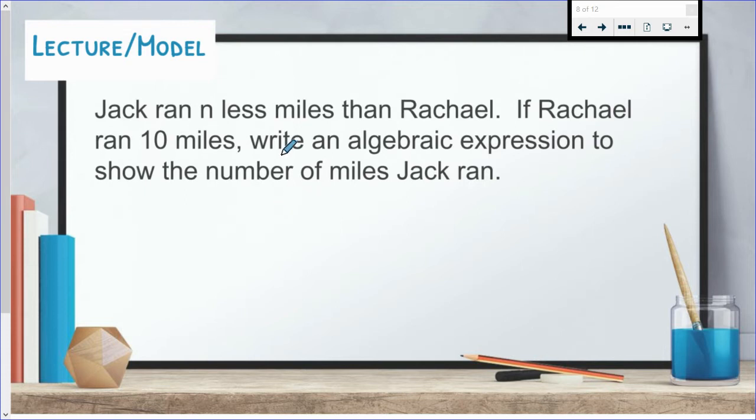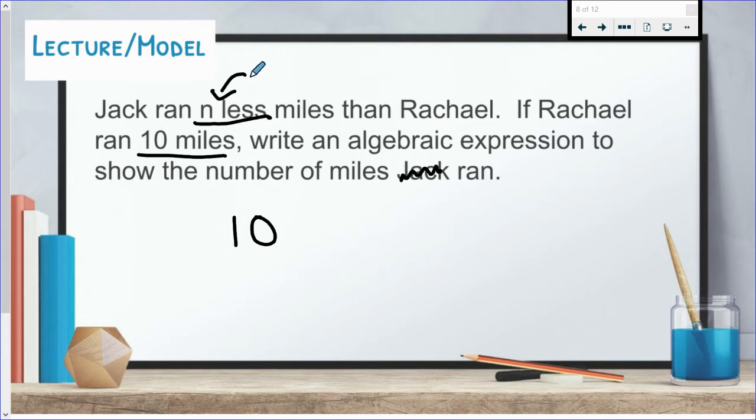Jan ran N less miles than Rachel. If Rachel ran 10 miles, write an algebraic expression to show the number of miles that Jack ran. Oh, sorry, the problem should say Jack. So we know that Rachel ran 10, and then Jack ran N less.